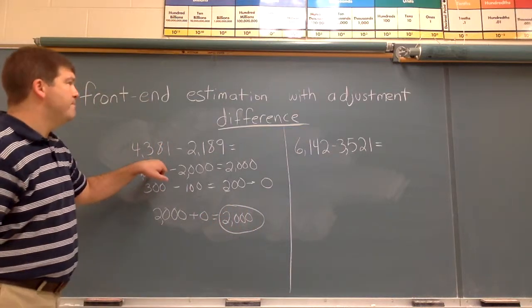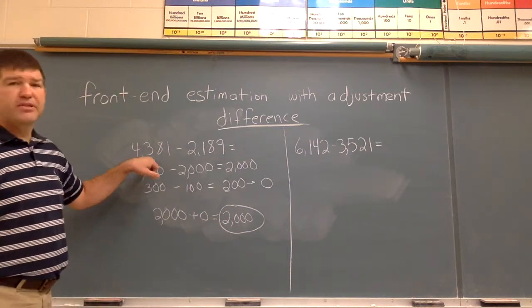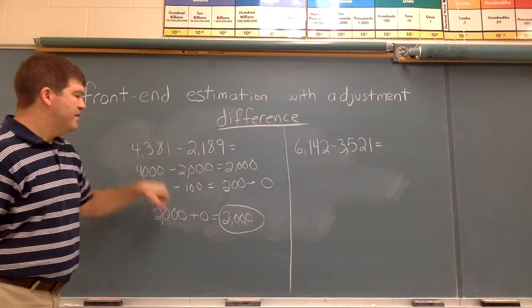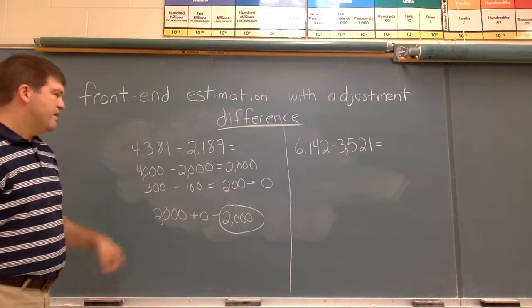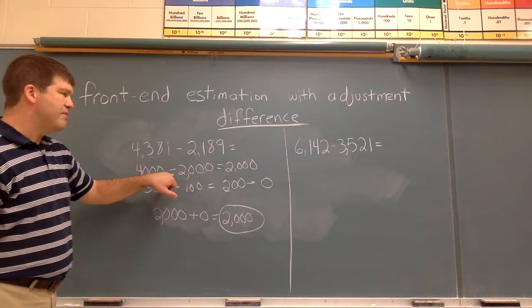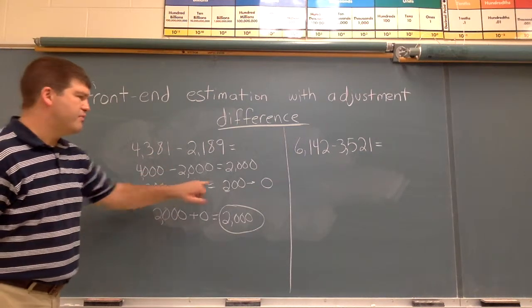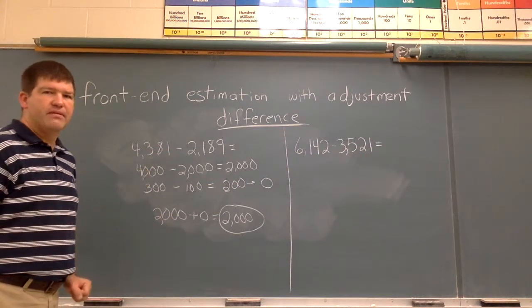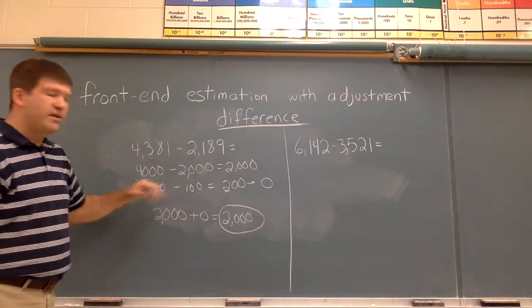So the estimated front-end estimation with adjustment, the difference here is 2,000. So I subtracted my thousands, subtracted my hundreds, rounded it, and then I added my thousands and my hundreds together. That's if everything you're able to do.